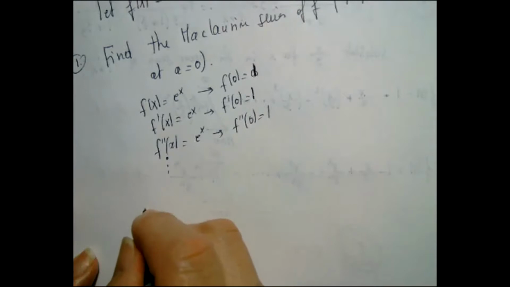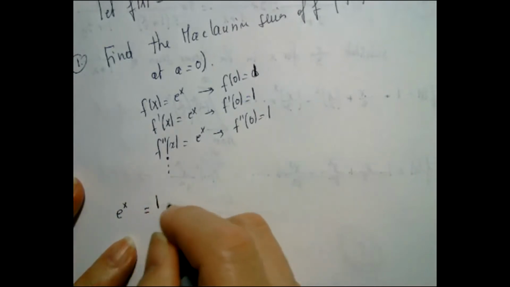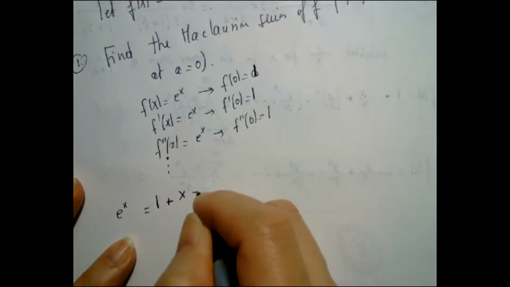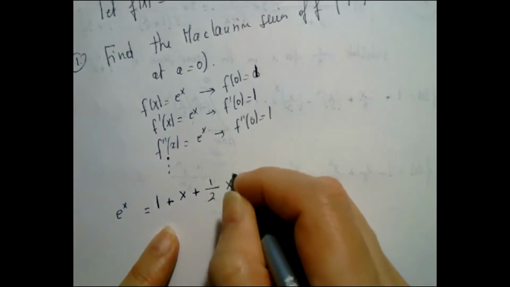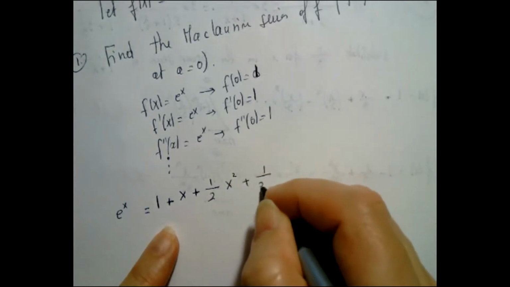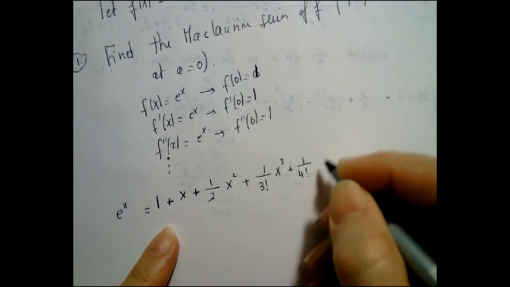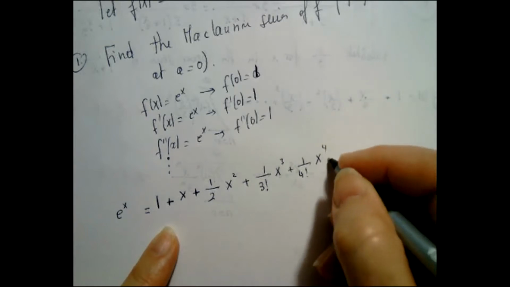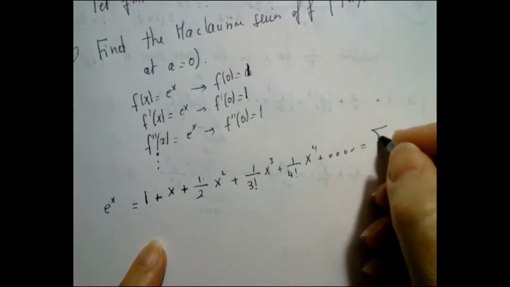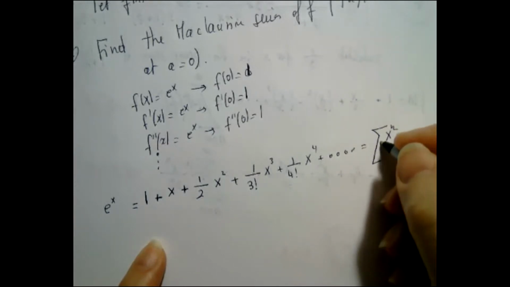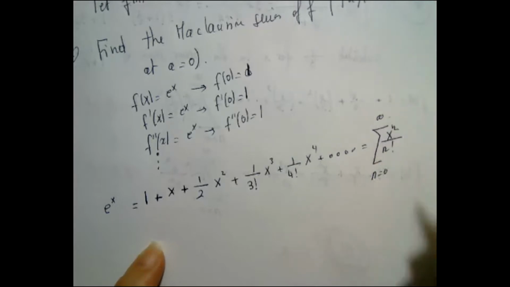So this tells me that the Taylor series of e to the x is equal to 1 plus x plus 1 over 2 x squared plus 1 over 3 factorial x cubed plus 1 over 4 factorial x to the power 4 plus and so on and so forth. And this is one of the most important power series. It means this is equal to the sum of x to the n over n factorial, n equals 0 to infinity.